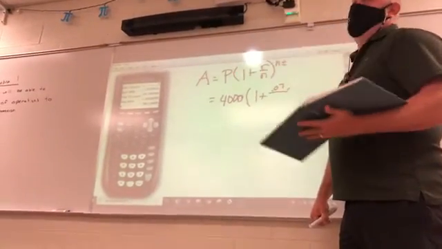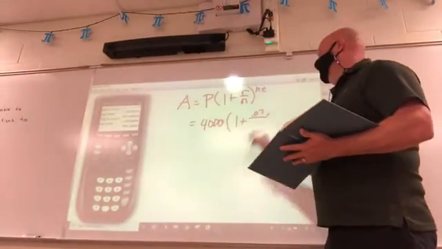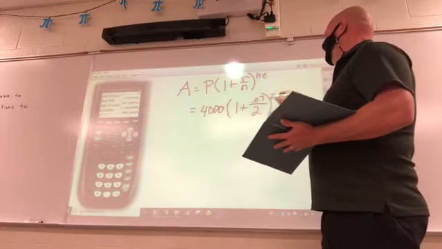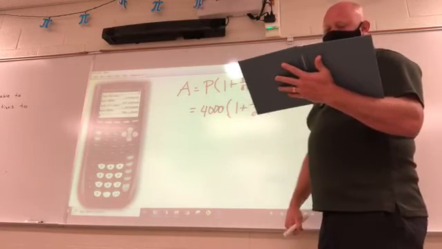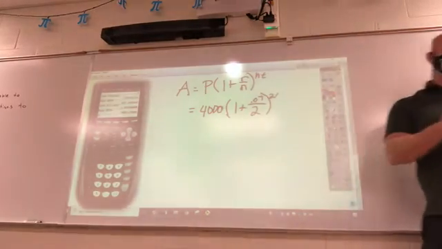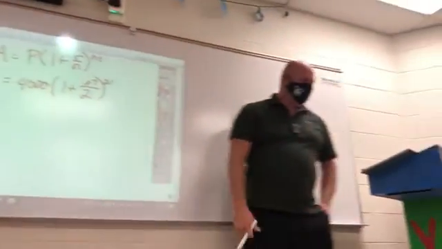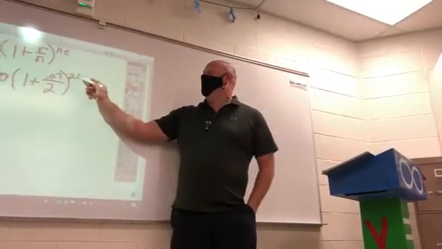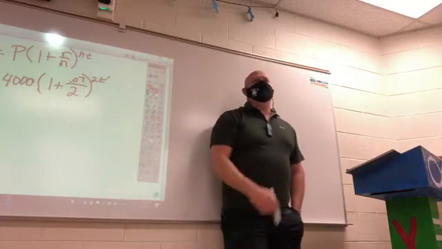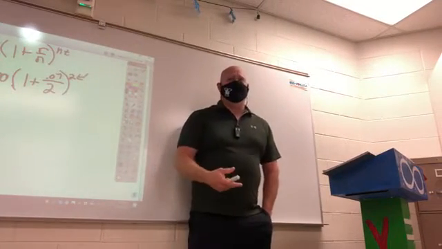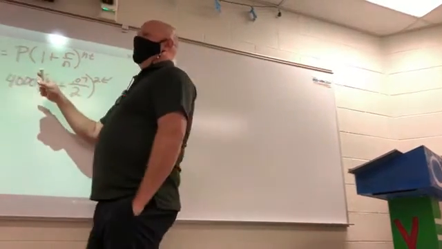Compounded semi-annually. What's that mean? Twice a year. And here's where everybody makes their mistakes. How many years, so we don't know T, will it take before I get $3,000 worth of interest? What's A in this case?